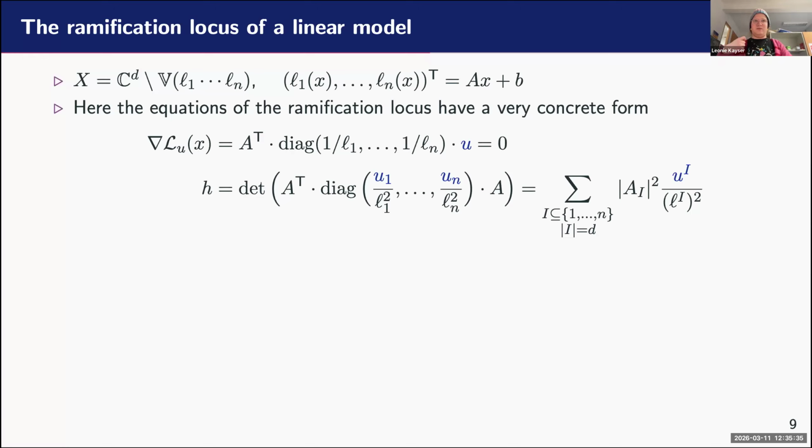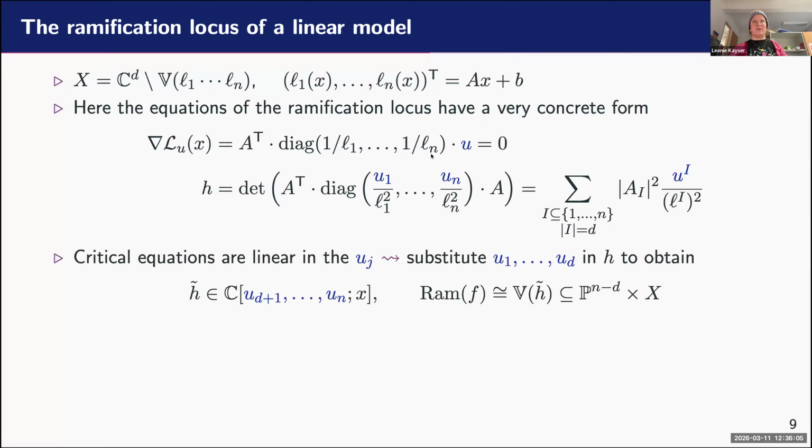And then if you take the Hessian determinant, you get a nice symmetric matrix that has A and A transpose on its sides. And if you apply the Cauchy-Binet expansion formula for determinants, you get a sum over all subsets of size d of the indices. So you get an explicit formula of the expansion of the Hessian determinant.